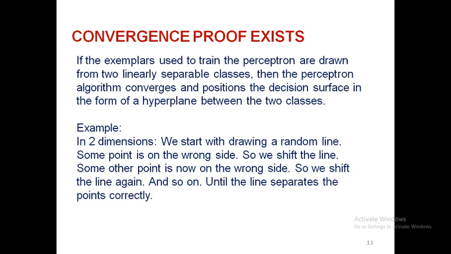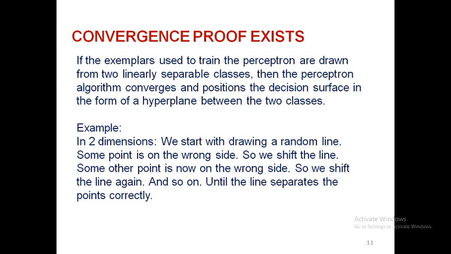If some point is on the wrong side, falling on the left instead of the right, then you need to shift the line towards the correct place. If some other point is still on the wrong side, we shift the line again, and so on.